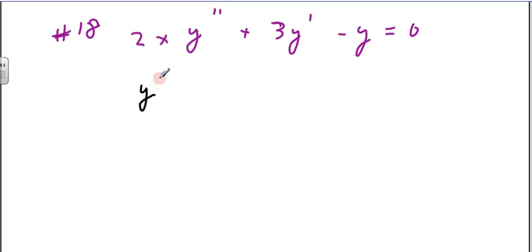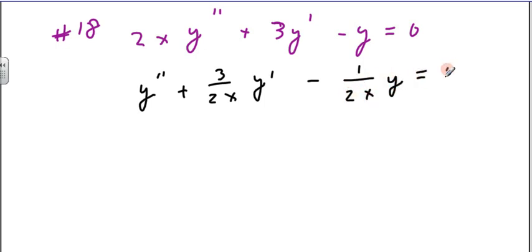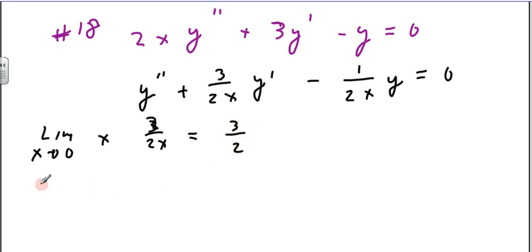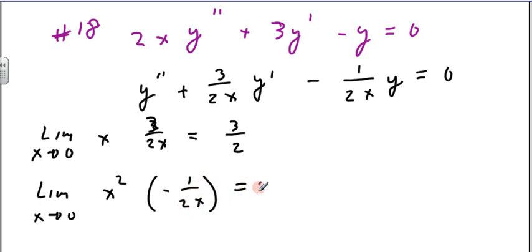I'm going to rewrite that: y double prime plus 3 over 2x y prime minus 1 over 2x y is equal to 0. I'm going to look at the limit as x approaches 0 of x times 3 over 2x, which becomes 3 over 2. Then the limit as x goes to 0 of x squared times minus 1 over 2x, I see that that is 0.